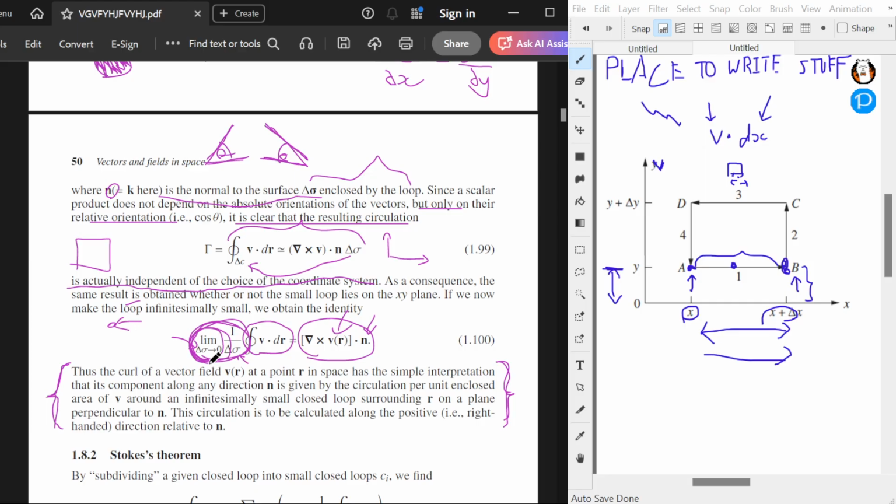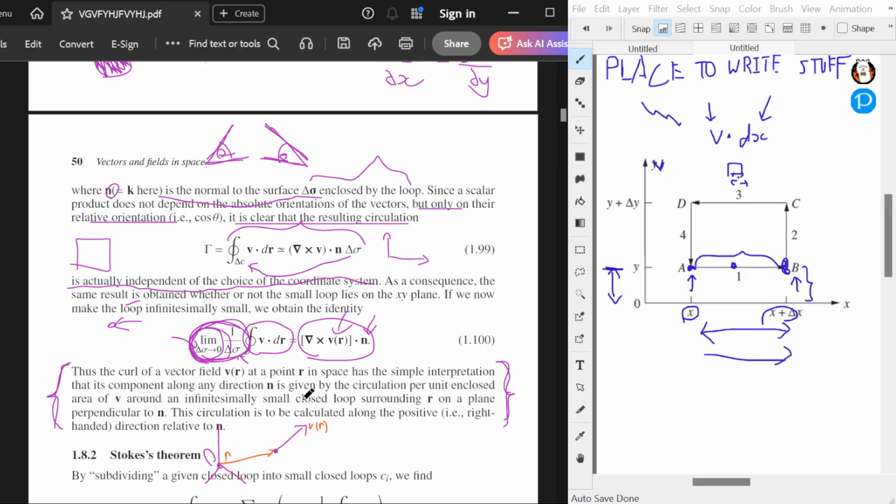Thus, the curl of a vector field V of R, so at a point it has a vector. At a point R in space, so this is the origin, and here to here is R. This is V of R here.